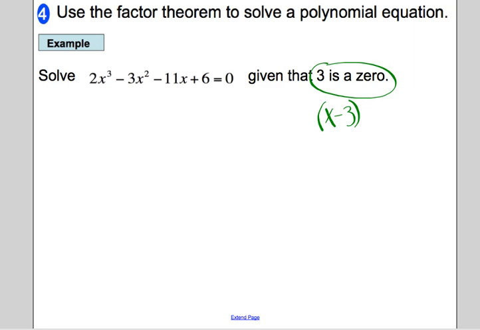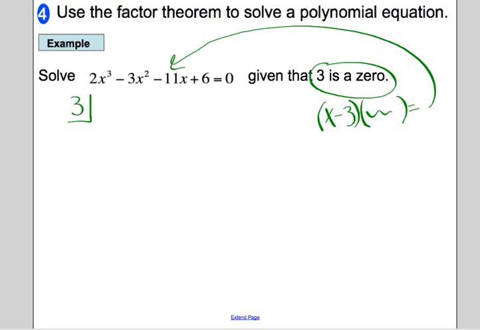So I know x minus 3 times something else would give me this original polynomial. Because 3 is a 0, I can take the opposite of 3 and get x minus 3. That will be the factor. And I know that factor times something else will give me what I started. Let's use synthetic division to try to figure out what that something else was.